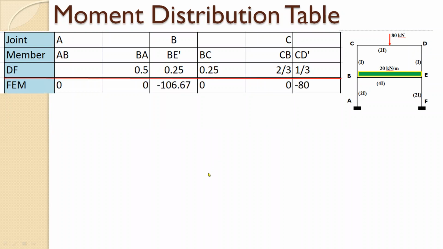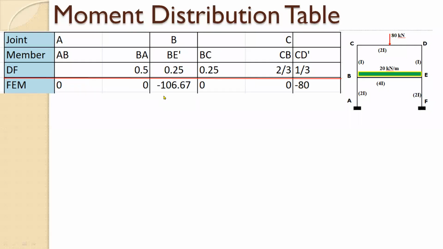After writing distribution factor, write fixed end moment. For AB member, fixed end moment is 0. For BE dash, it is minus 106.67. And at C, it is minus 80. After writing fixed end moment, I have drawn here a red line. So whatever the values below this red line, we have to add it.